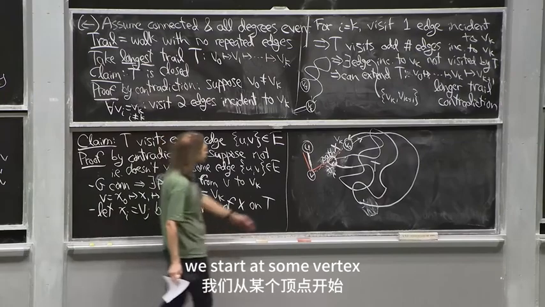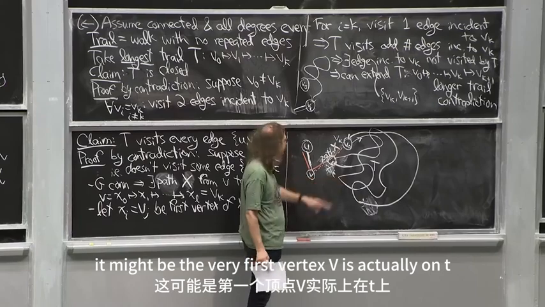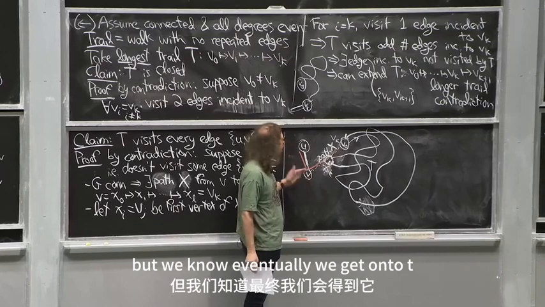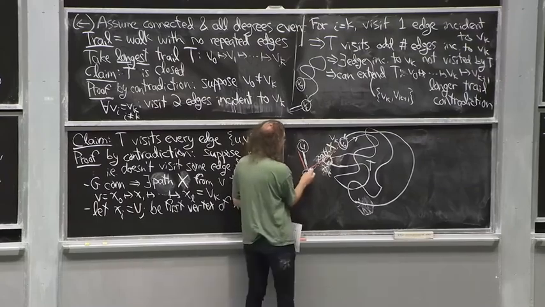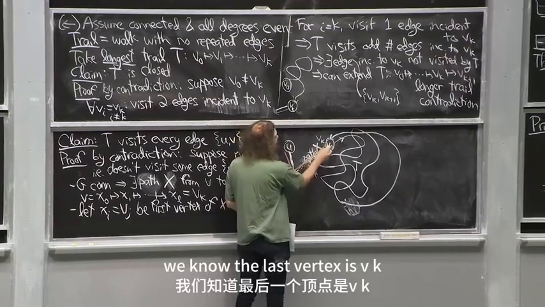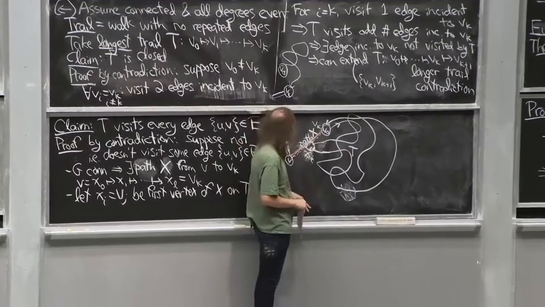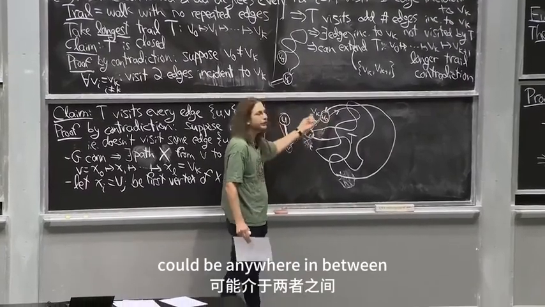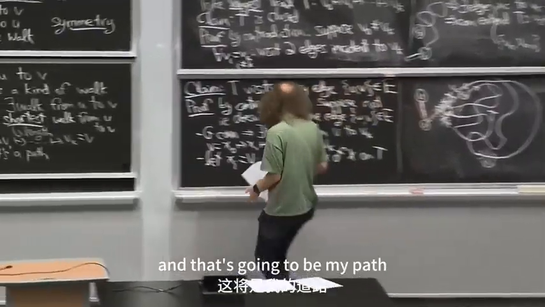Okay, we start at some vertex. It may be the very first vertex v is actually on t. So then x sub I is actually x sub 0. But we know eventually we get onto t, because the last vertex on this path x, we know the last vertex is vk, and that's on t. Okay? So somewhere along the way, could be the first vertex, could be the last one, could be anywhere in between, we intersect t.